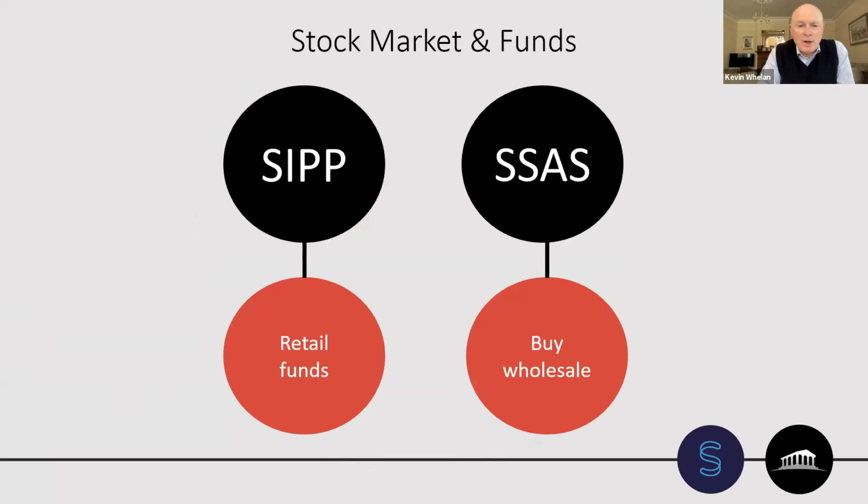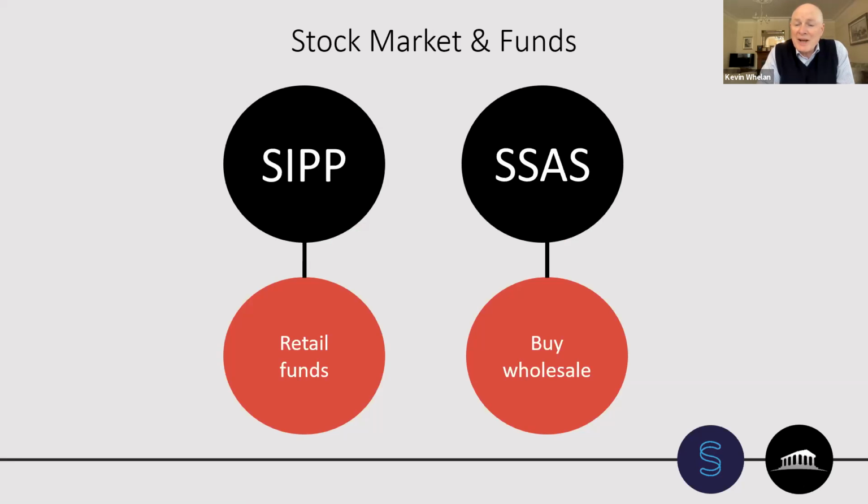So turning to the stock market and funds, generally speaking, as you say, Stephen, a SIPP is an intermediated service. In other words, there's normally a broker or an advisor of some kind involved. And there's nothing wrong with being a retail customer or with having advisors. There's just the point that with a SSAS, you don't need them.